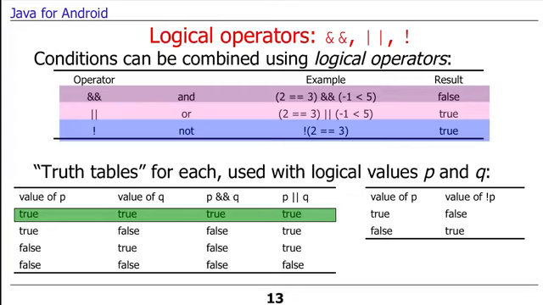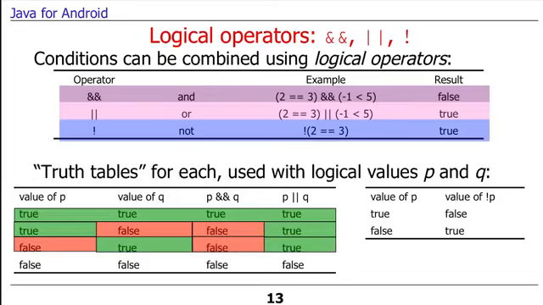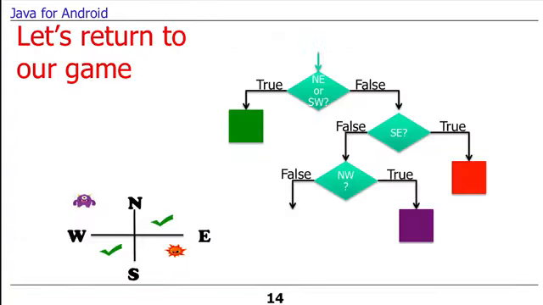P or Q results in true as well. However, when either P or Q is false, the and statement is no longer true, but the or statement is. Finally, when both statements are false, both operators will yield a false Boolean value. The not operator changes the value from true to false or false to true.